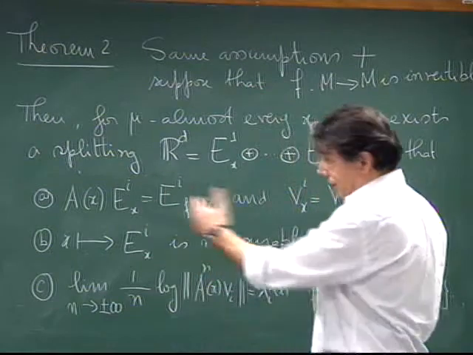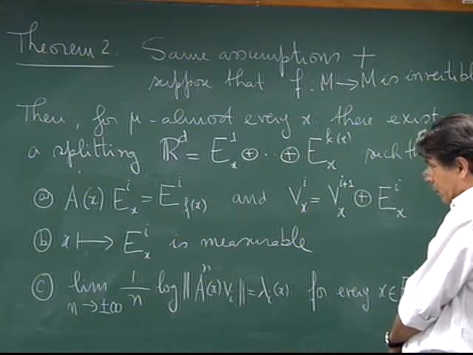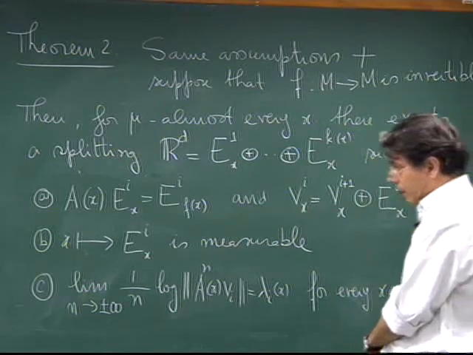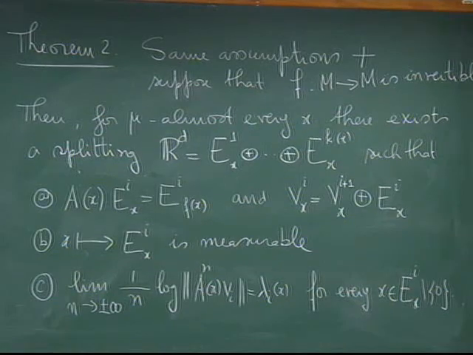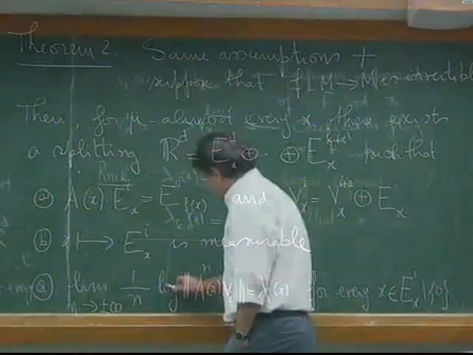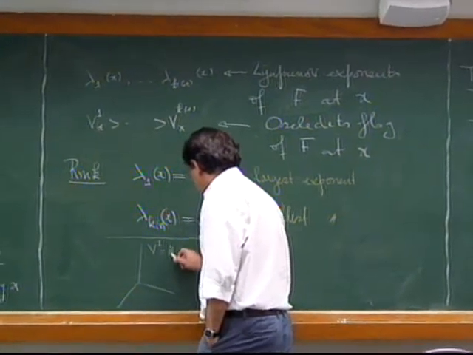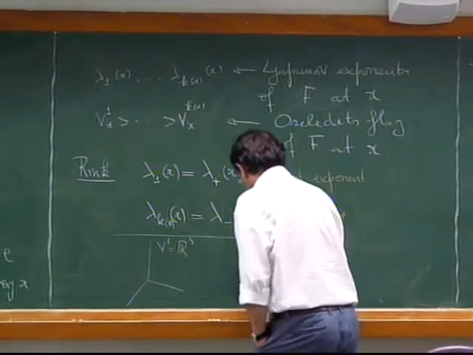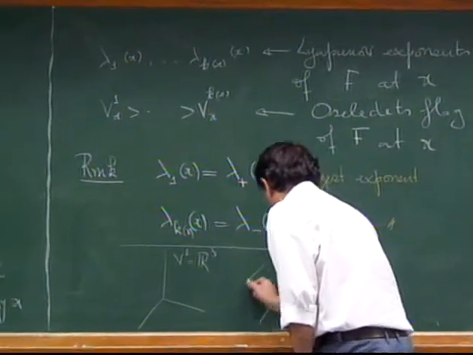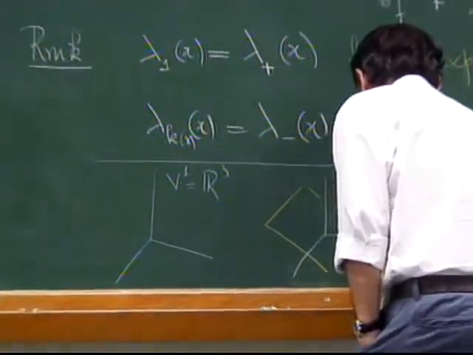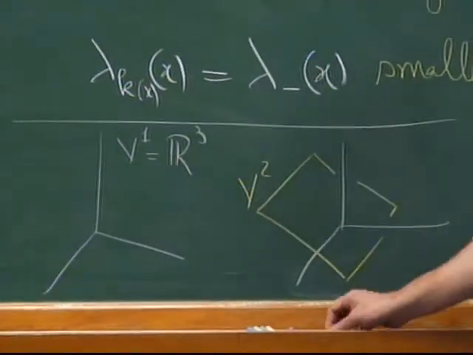Okay, so what is the main difference between the two statements? I'm still going to add one extra property. In the non-invertible statement, we have a flag. So we have V_1 equals, say, R^3. Then inside this V_1, we have a plane, V_2.